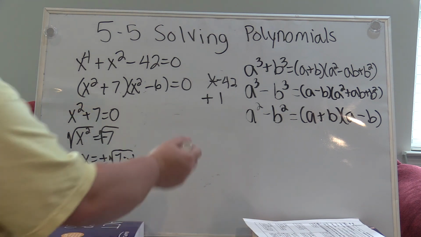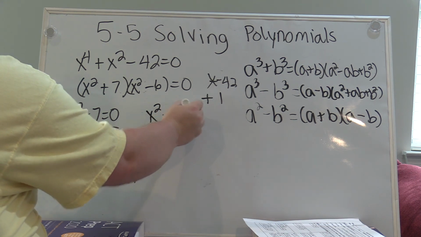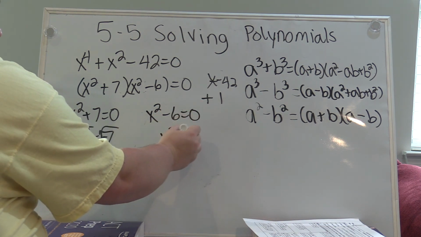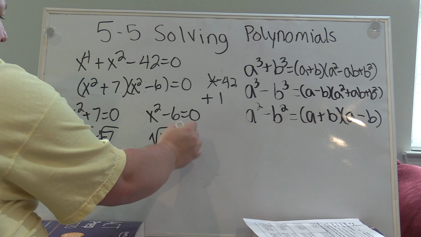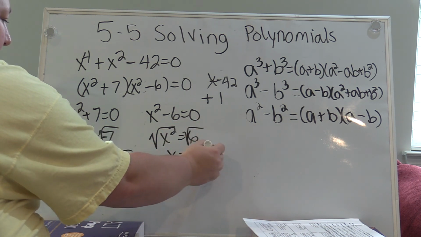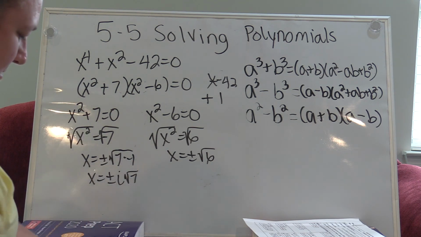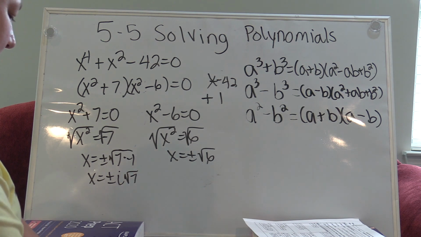Sorry about that. Then I have x squared minus 6 equals 0. X squared equals 6. Take the square root of both sides. X equals plus or minus the square root of 6. And 1, 2, 3, 4, there's my answers. All right. So I have 4 more examples to do with you all.